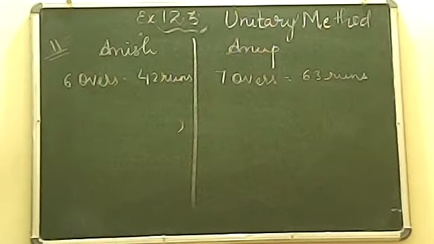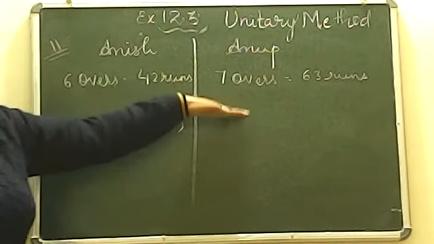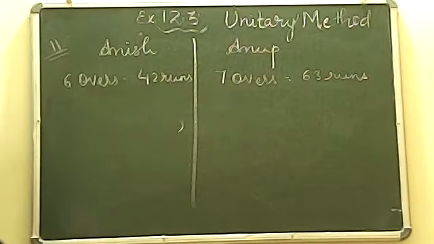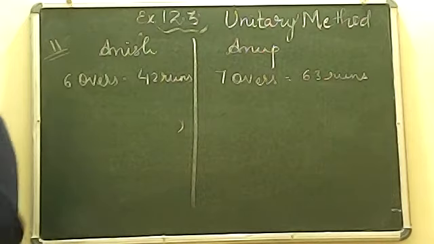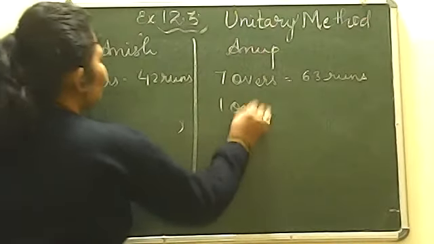So, beta, we cannot compare right now because it is telling for 6 overs, it is telling for 7 overs. So, if we have to compare something, let us make them equal first. Equal first means first we find out both of them for 1 over, and then we can compare it more easily.